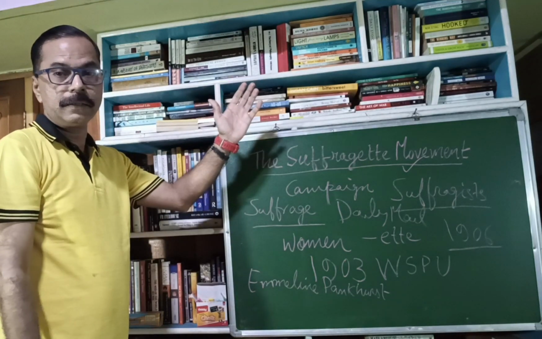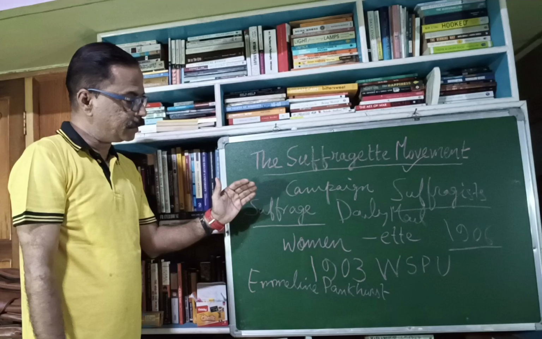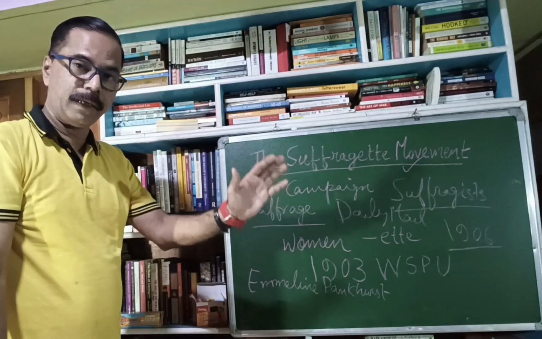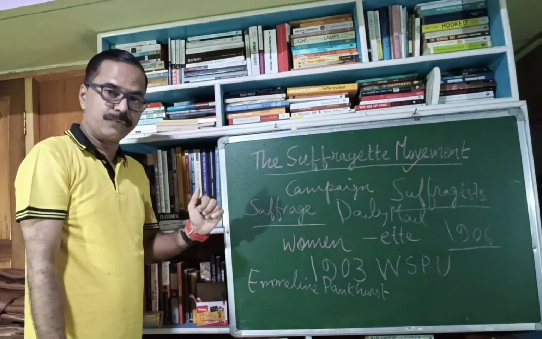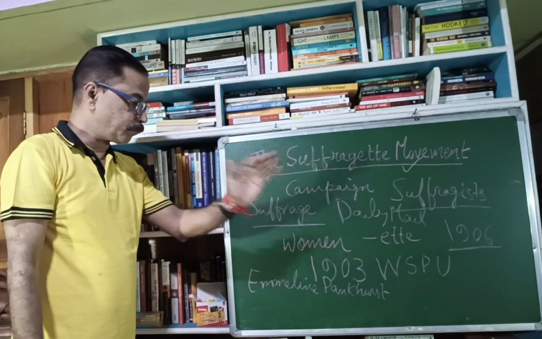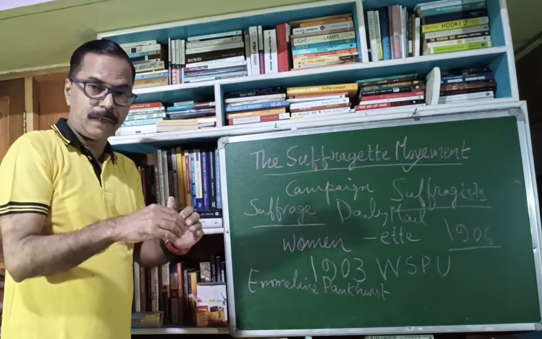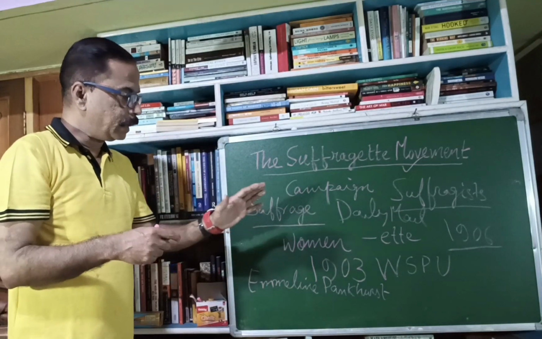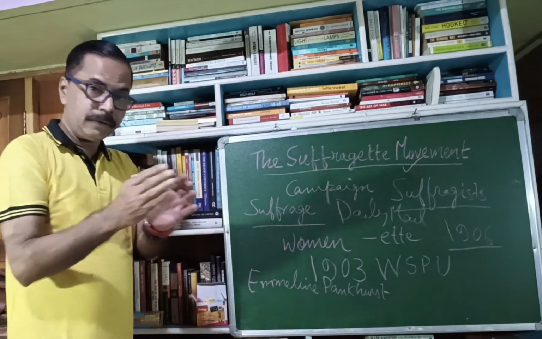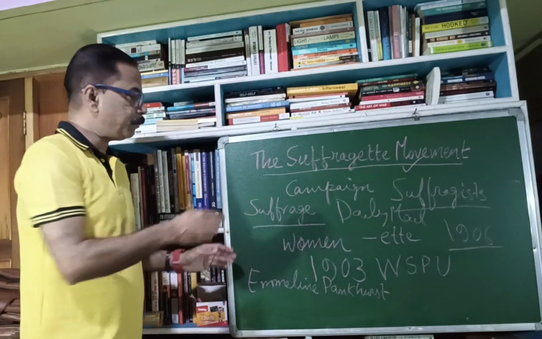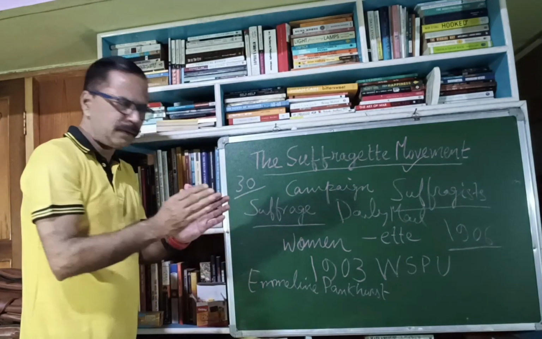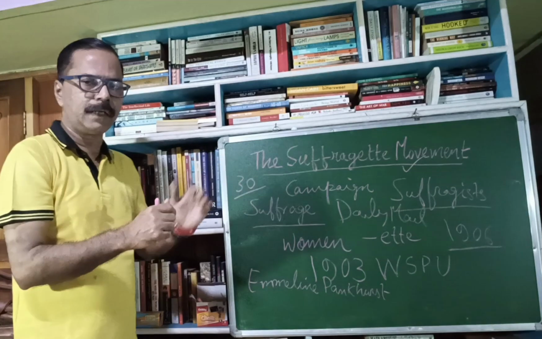Unlike the earlier suffragists, these suffragettes continued their violent, militant movement, demanding voting rights for women, universal suffrage, up to 1914. And with the breakout of World War I in 1914, this movement was suspended. But then in 1918, women above the age of 30 with certain property qualifications were given the right to vote.